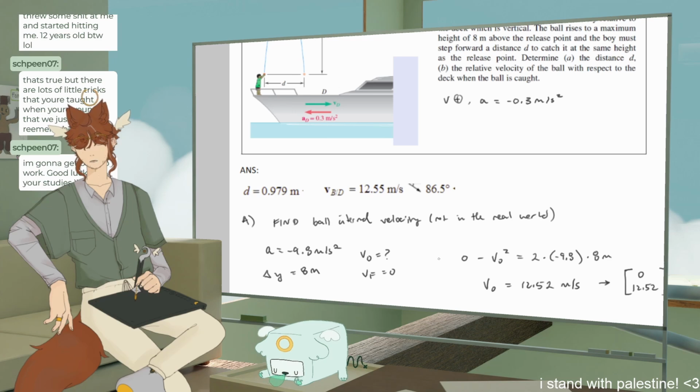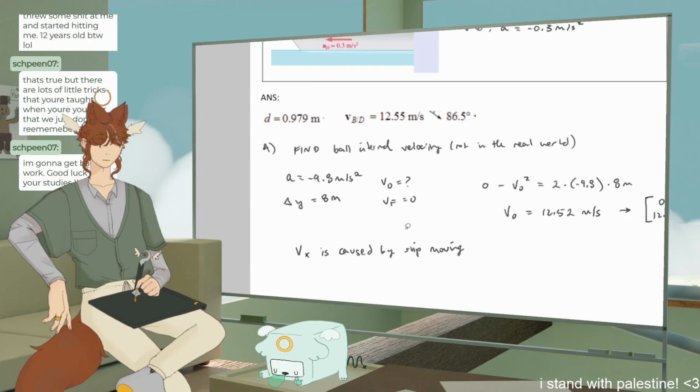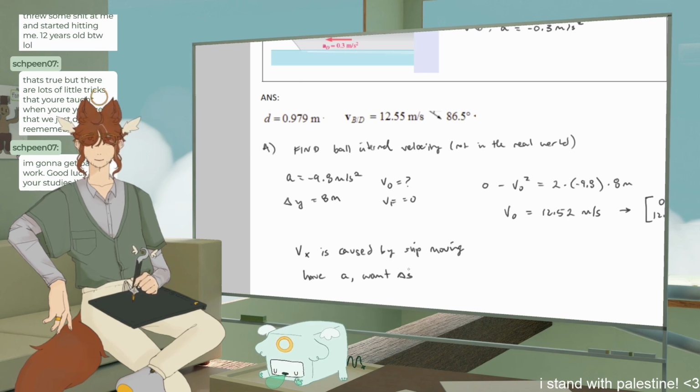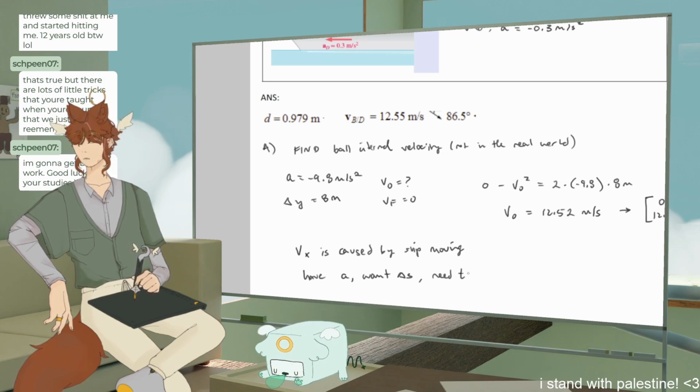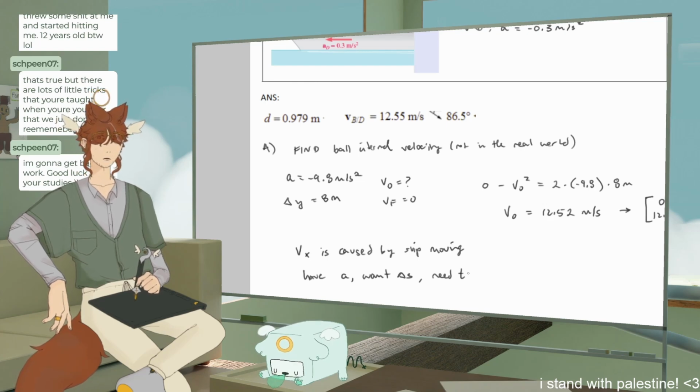So we have an acceleration. We don't have a time, but we can get a time. We have A, we want a delta S, and we need T, I believe. We definitely need time, though.